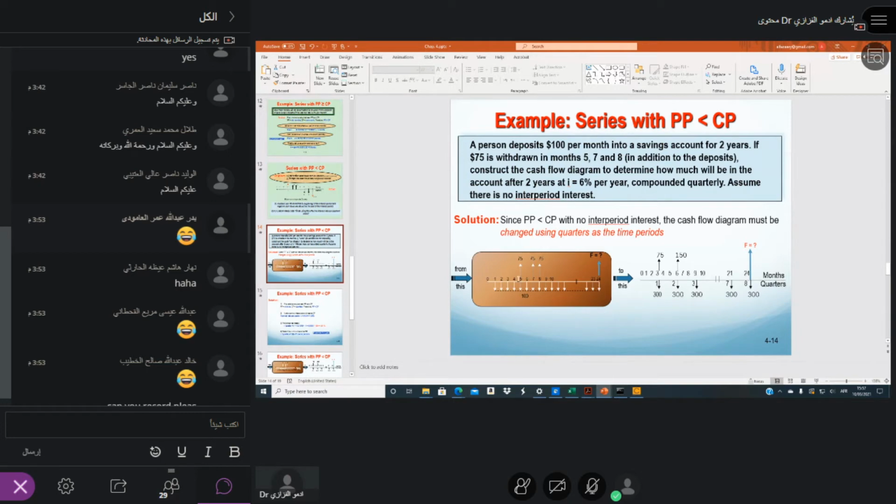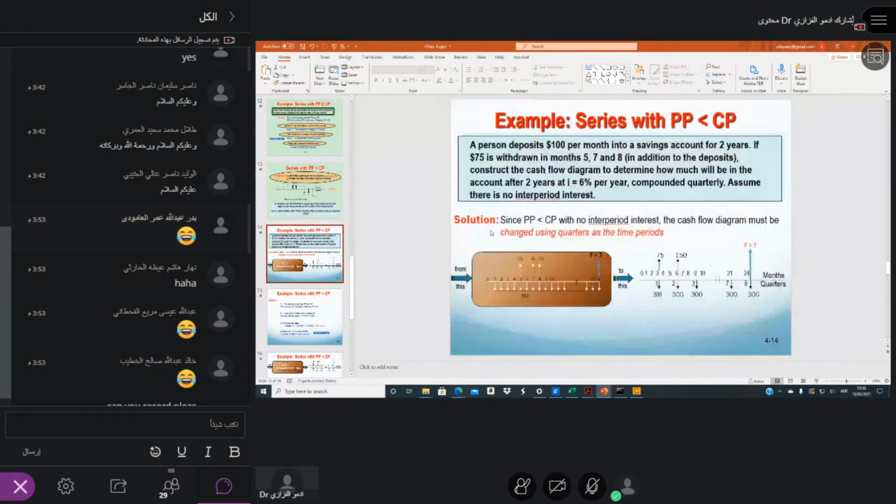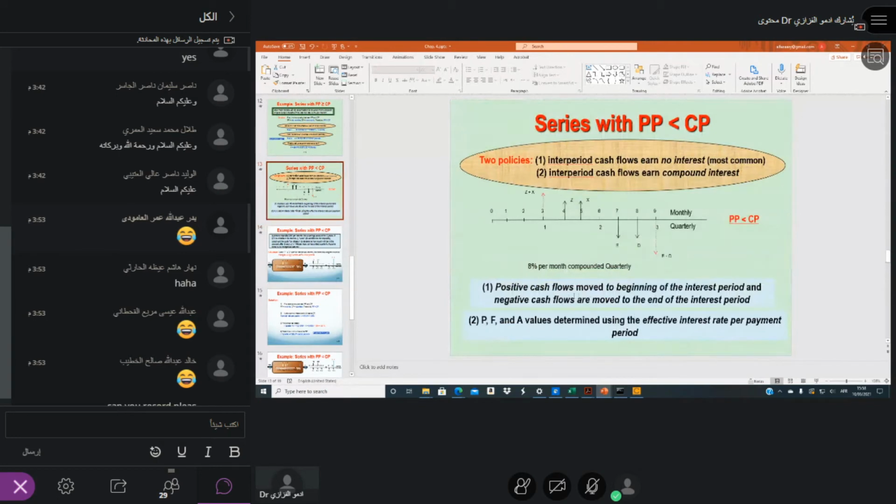So you move the positive cash flows to the beginning of the quarter, to the beginning of the interest period. So this is the beginning of the interest period. And then the negative cash flows, you move them to the end of the interest period.